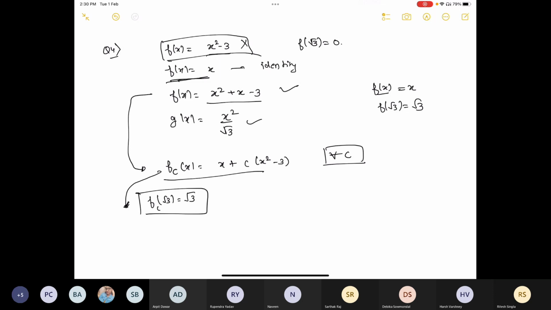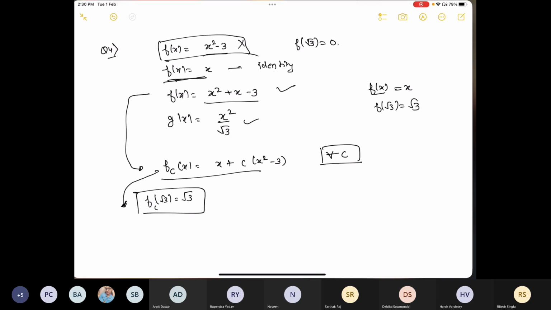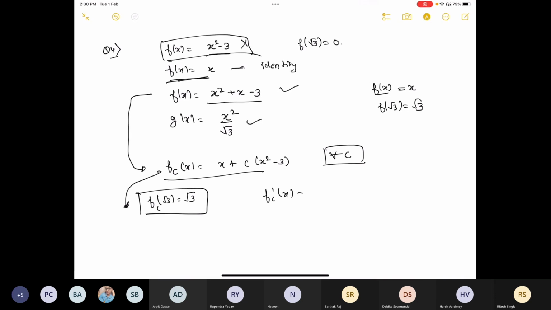We can start with f_c(x) equal to x plus c times x squared minus 3. We can find the derivative f_c prime of x. What will it be? It will be 1 plus 2cx, right? Is it making sense that we can start with this function, x plus c times x squared minus 3?